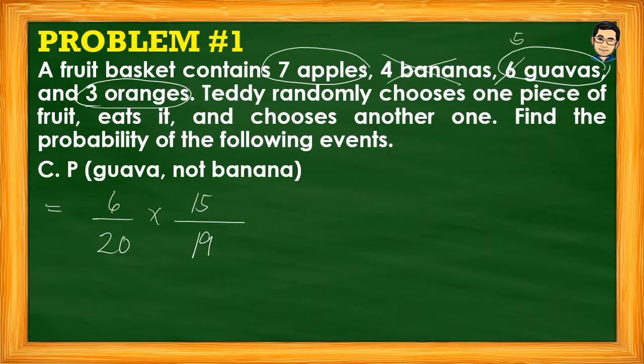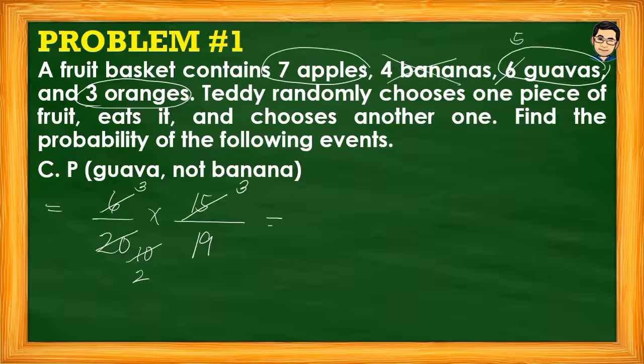Now, let's simplify. So, 6 and 20. 6 becomes 3, and 20 becomes 10. And then, 10 and 15 can still be simplified. Their GCF is 5. So, 10 becomes 2, and 15 becomes 3.